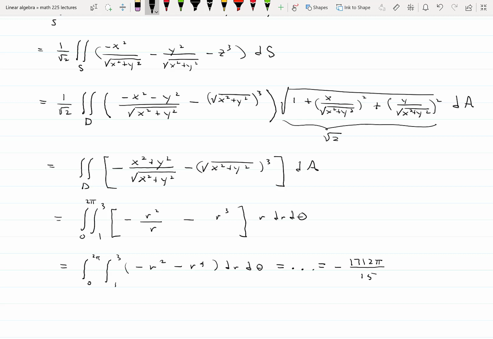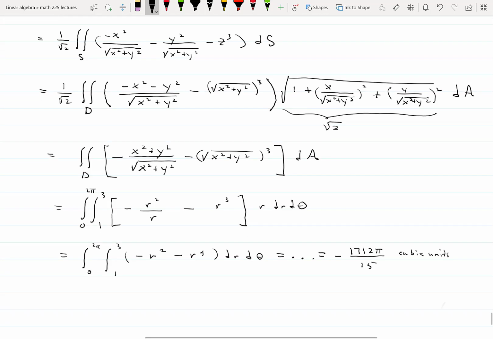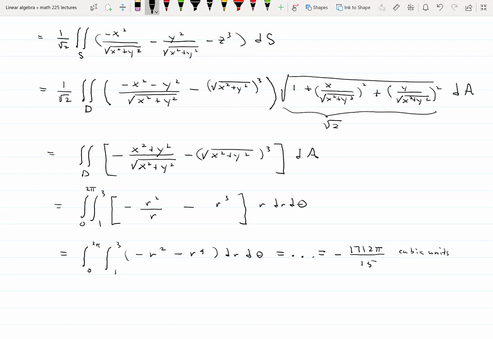And what would the units of this be? It's a rate at which a quantity of substance leaves a surface. So it's going to be in cubic units, that's volume, per time.